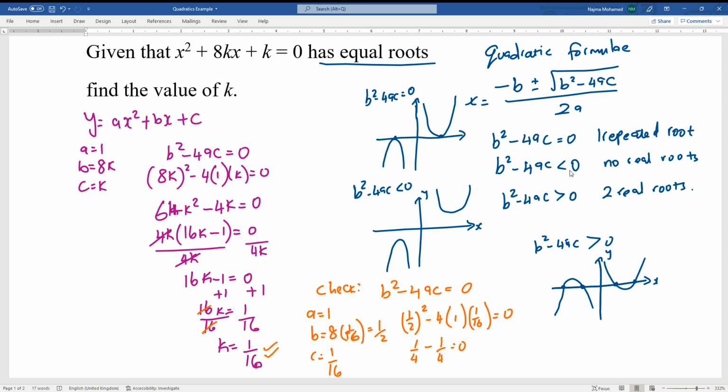If it gives you a negative number, you know there won't be any real roots. If it gives you a positive number, then you have two real roots that you can try to find. That way you can decide whether you want to use the quadratic formula, factorize, sketch, or complete the square. So the discriminant is there to make life easy for you before you try and solve a quadratic equation.